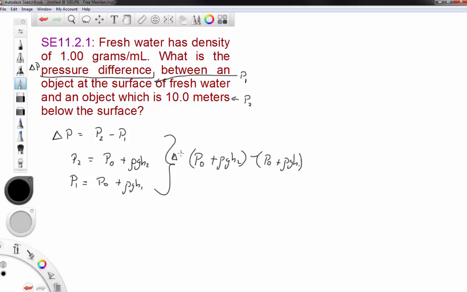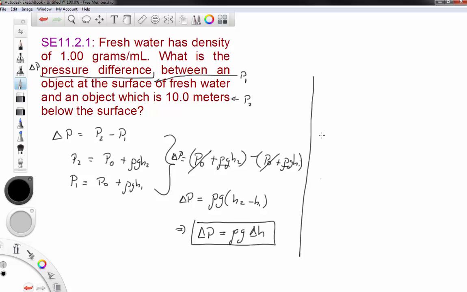So that is our change in pressure. Notice if we combine like terms, the P0s will cancel and you end up with rho G, because that's in both of these terms, times H2 minus H1. Or in other words, the change in pressure should be rho times G times delta H, or the change in depth.